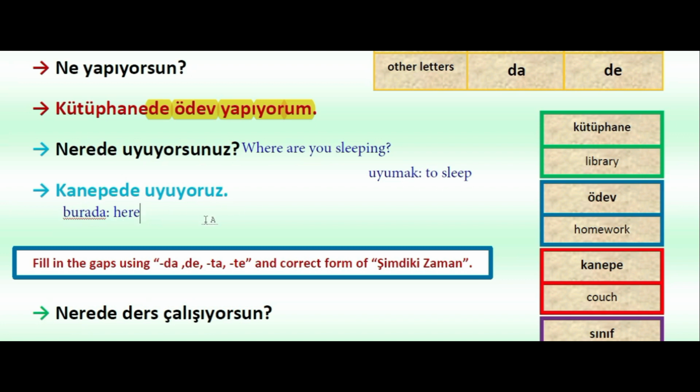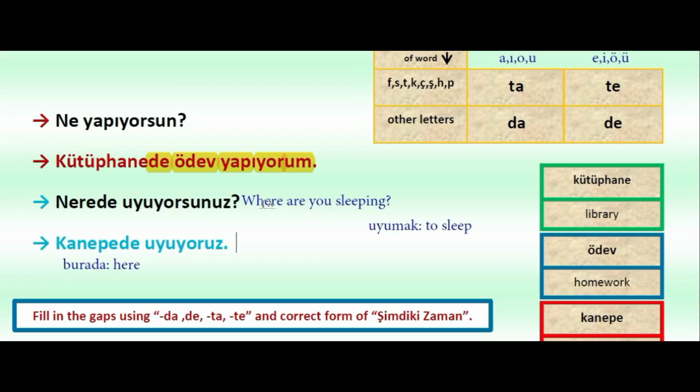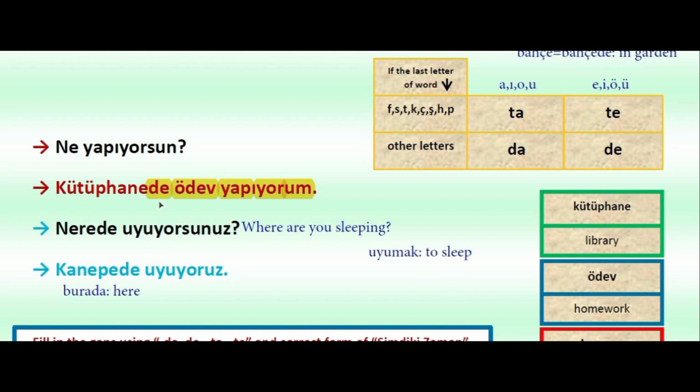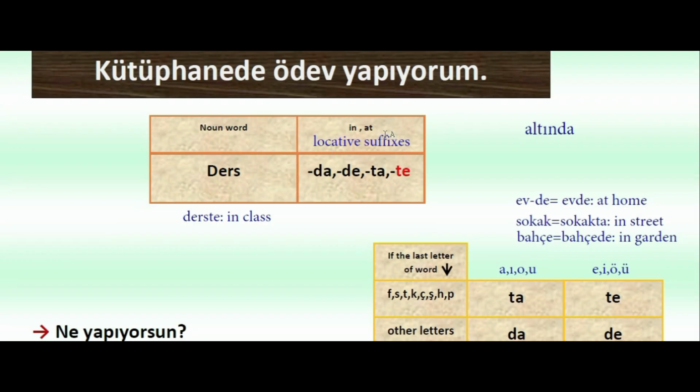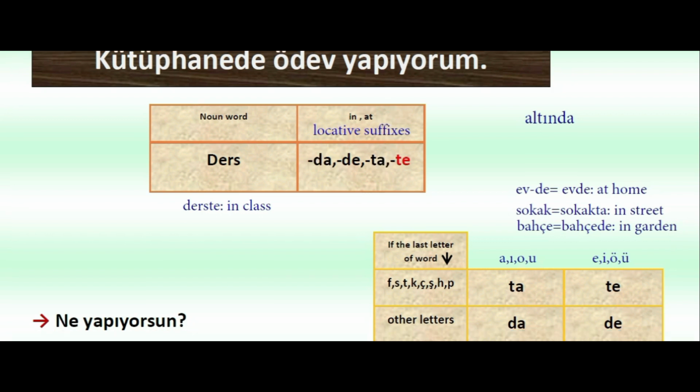"Burada uyuyoruz." We sleep here. "Kanepede uyuyoruz." We sleep on the couch. As you see here, we added de, and also here we added de, ta, etc. And we had the meaning of in, at, or on in English. So these are locative suffixes, and we'll be using them in this way.